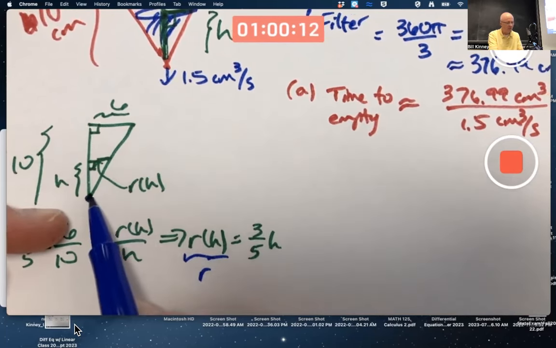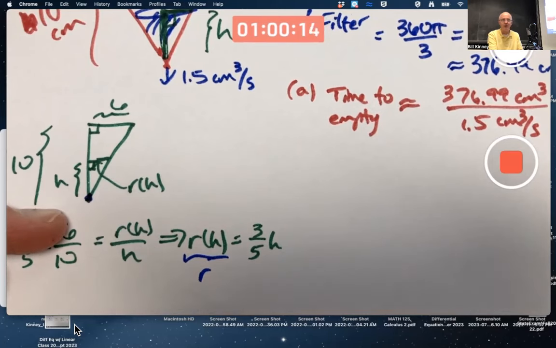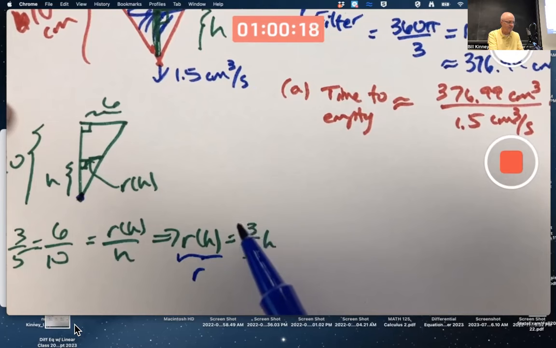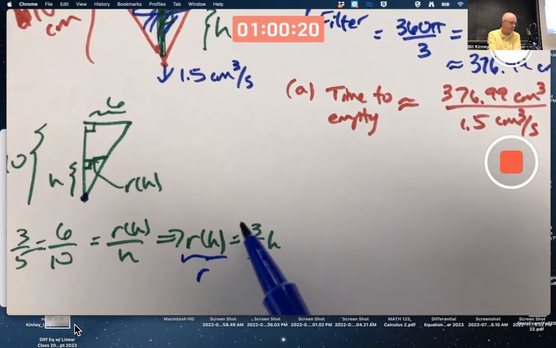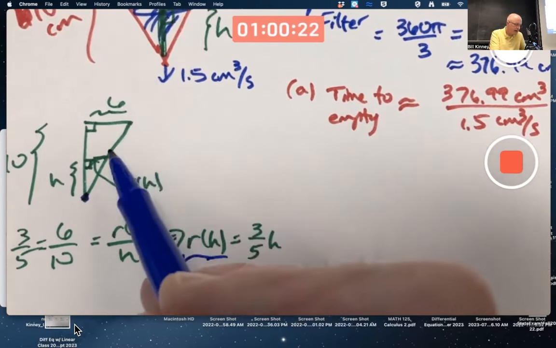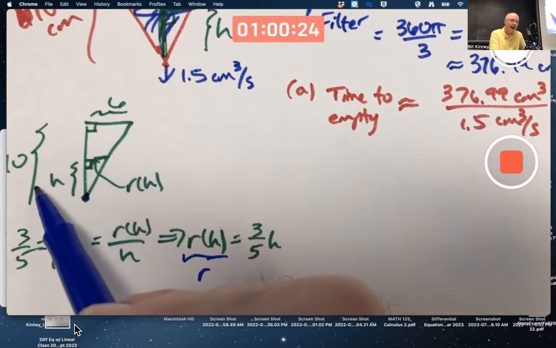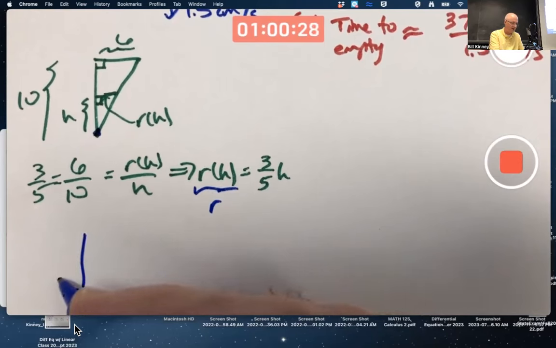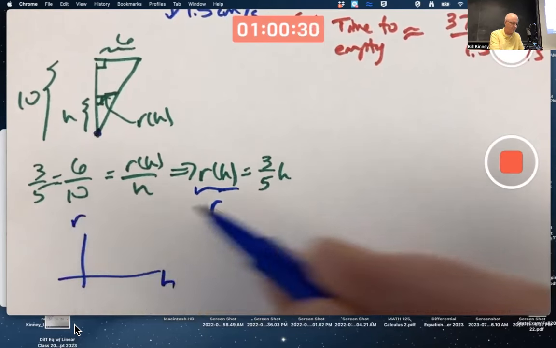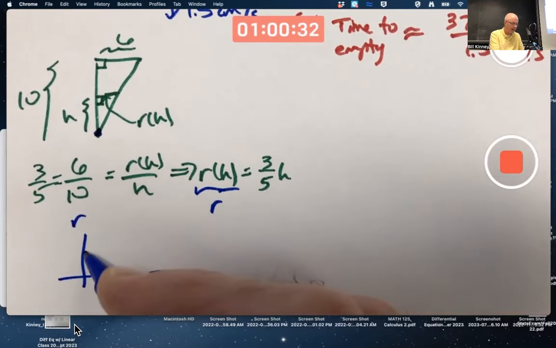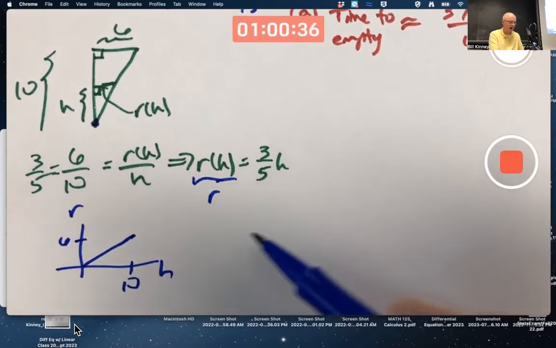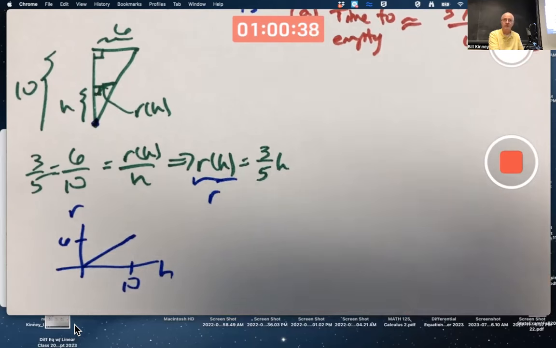When you've got no triangle, when there's no more water, R is 0 when H is 0, and equal to 6 when H is 10. If you graphed R as a function of H, its graph looks like this. And the slope of that line is rise over run, 6 over 10, which is 3/5. That would be another way you can figure it out.